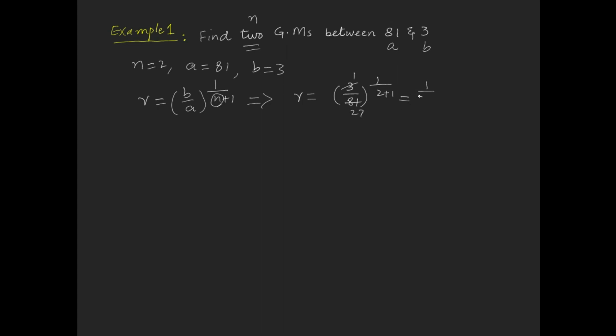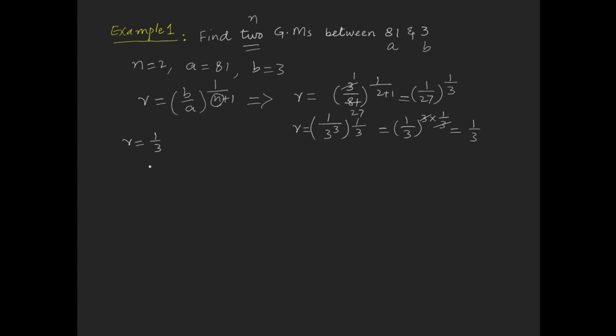So it is 1 by 27 raised to the power 1 by 3. 27 can be written as 3 power 3, so 1 divided by 3 raised to the power 3, and whole power 1 by 3. So the answer is 1 by 3. So R is found as 1 by 3.